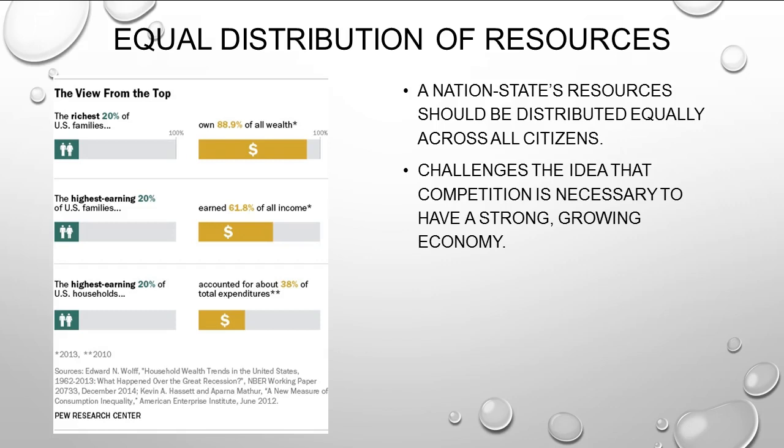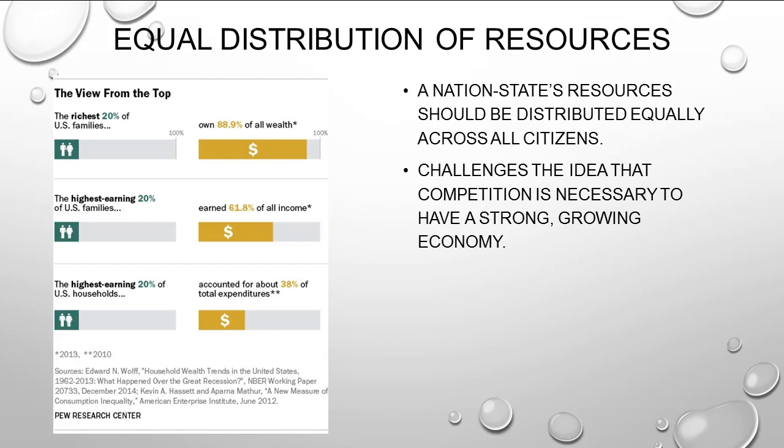It's also the idea that competition is what helps an economy grow. But what a lot of people are finding is that when so many people can't afford to buy a home, can't afford healthcare, can't afford education, maybe what's happening is that our growth as an economy is becoming stagnant.